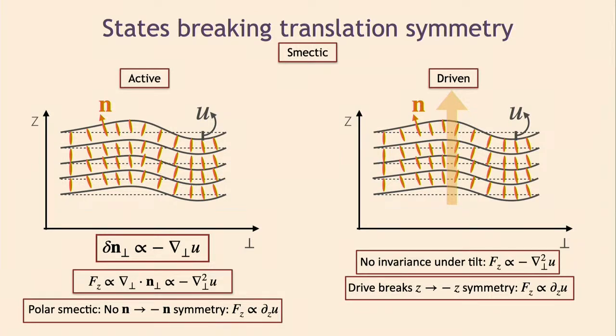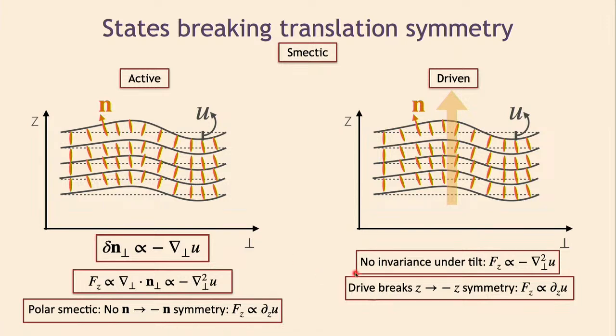Okay. So let's first take the smectic and see why the driven and an active smectic should be similar. So this is actually a polar smectic. So delta n perp is del perp u. There is a force along the direction that these guys are pointing in. So the force is Fz, which is proportional to del perp n perp, which is del perp u squared.